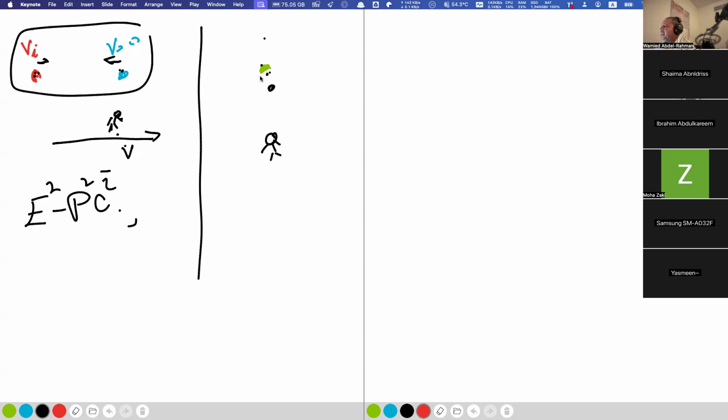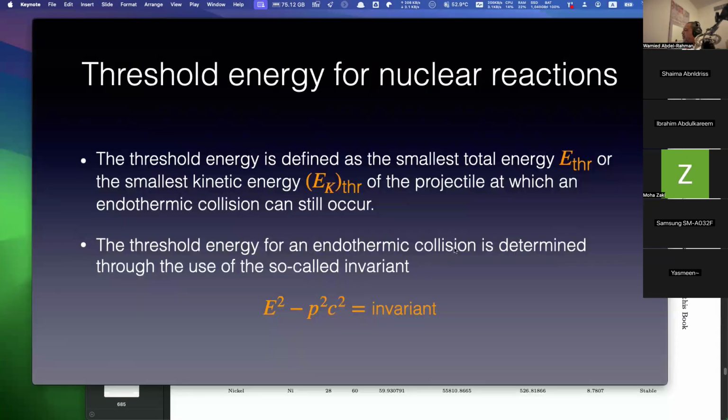So the two particles are moving with respect to this observer. With respect to the center of mass frame, the two particles will appear stationary. So this concept could be applied in order to determine the threshold of collision.